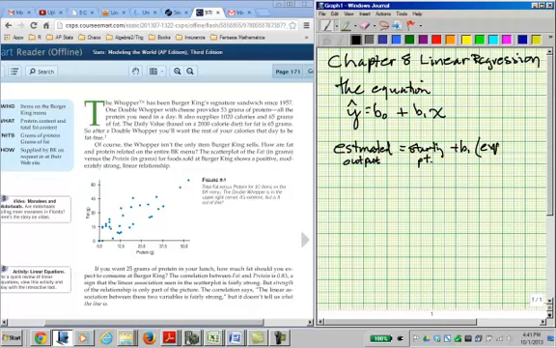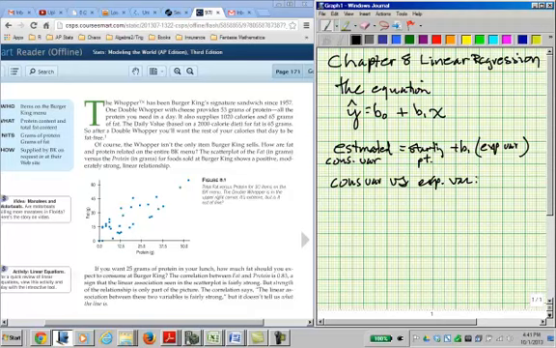the explanatory variable. Now let's use the terminology. Estimated consequential variable. Let's put it in terms of the book. It's consequential variable versus explanatory variable.